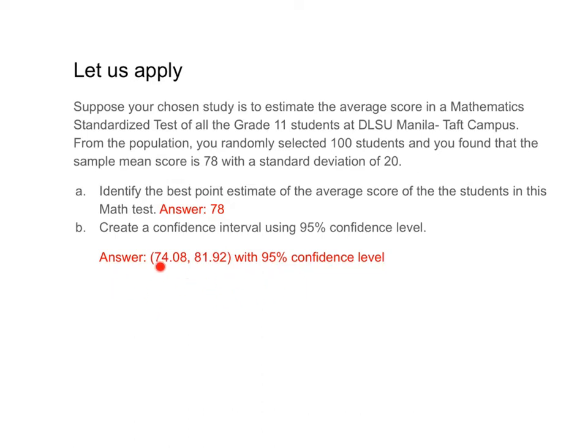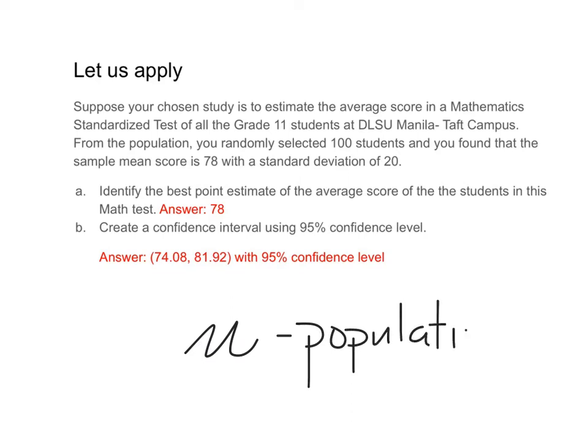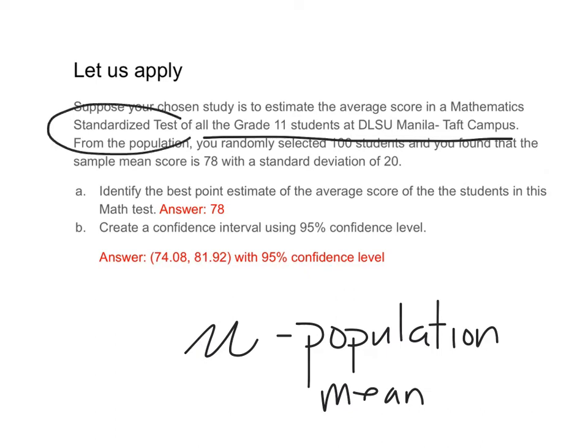So now that we have 74.08 to 81.92, remember that what we are trying to capture is the value of the population mean. The population mean score is the true average score if we were to ask all the grade 11 students from the LSU who took the standardized test, if we had access to all the scores.